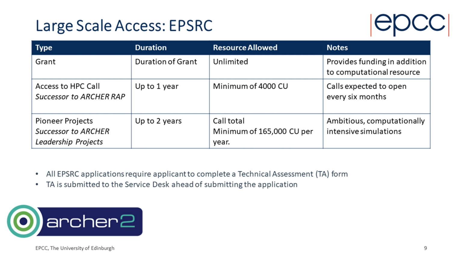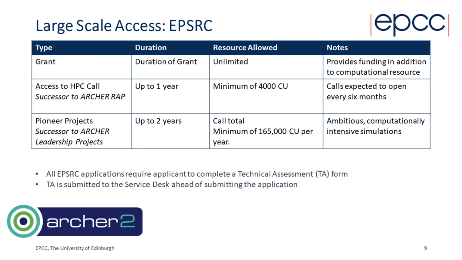So there's a triage in place, and the applications are moved to the most appropriate resource. These projects can last for up to 1 year and are a minimum of 4,000 CUs. And we expect the calls to open around every 6 months, but it will depend on the demand for that.